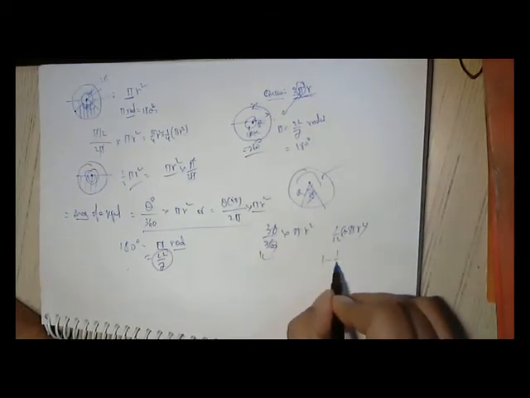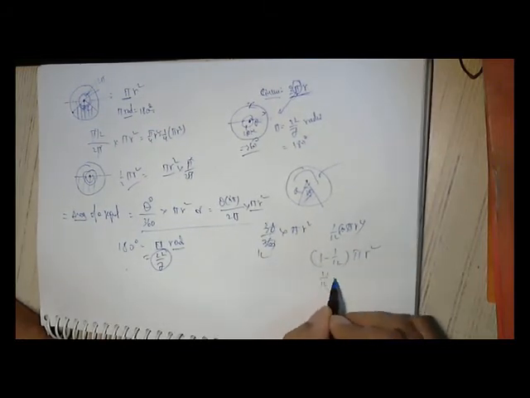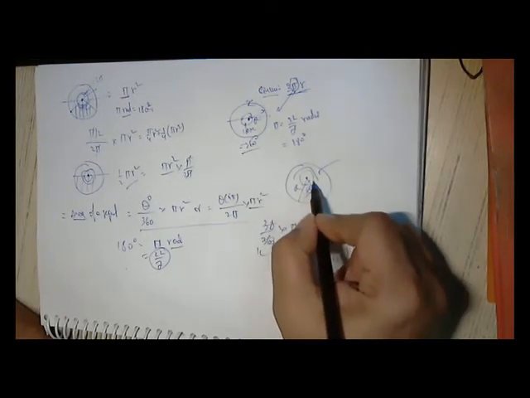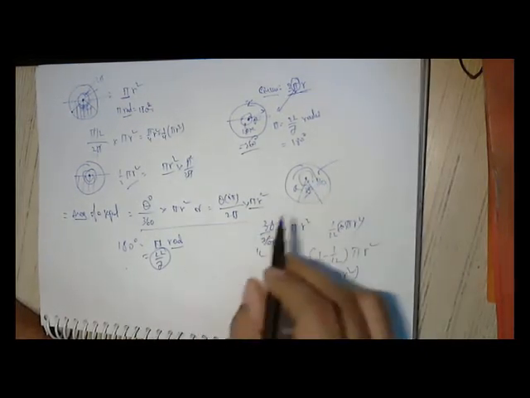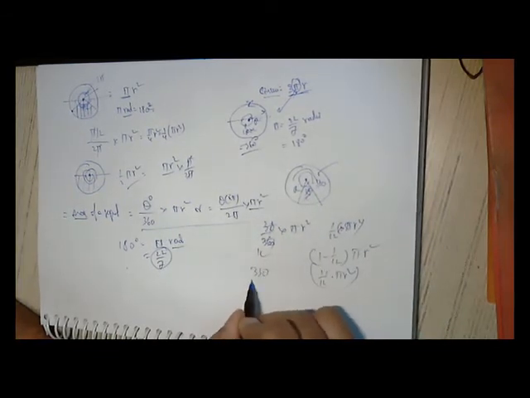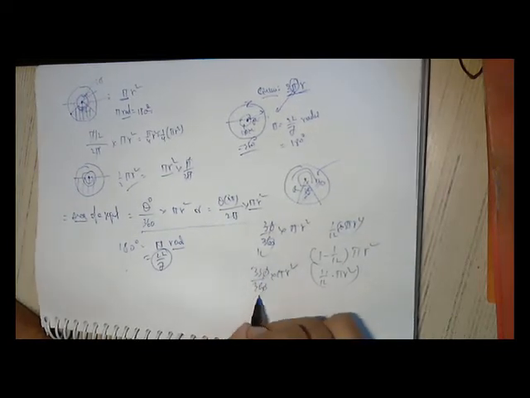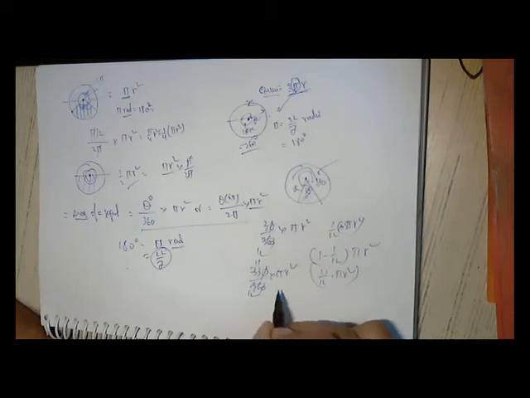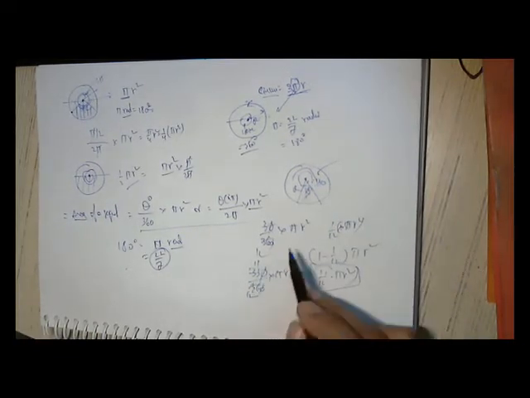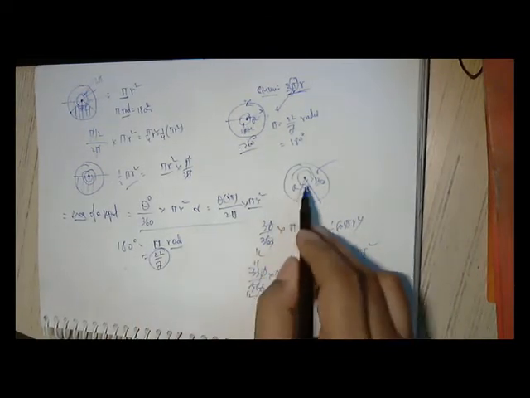The balance area is 1 minus 1/12 into pi r square, that is 11/12 of pi r square. Because if you see, the angle here is 330, and 330 plus 30 is 360. So 330 by 360 into pi r square, that is 11/12 pi r square. We can either calculate directly from the angle, or subtract this. So this is a segment.